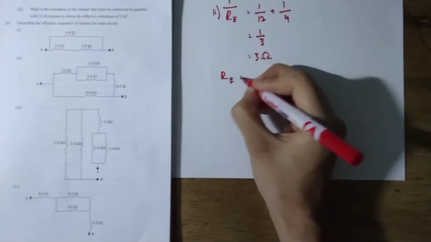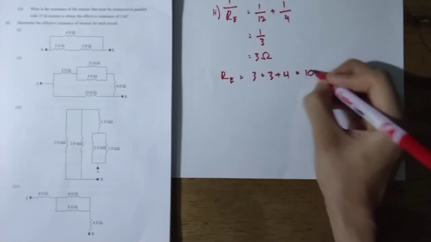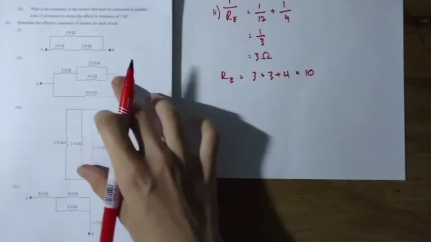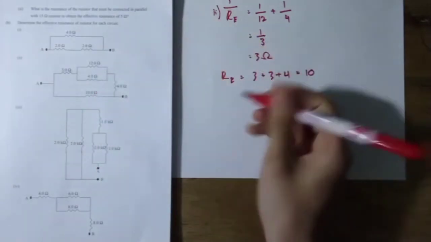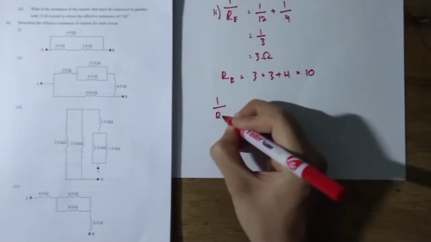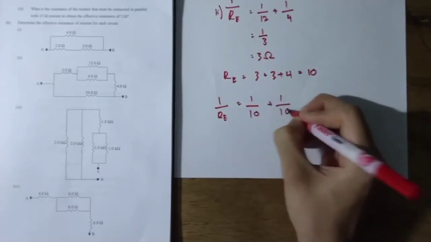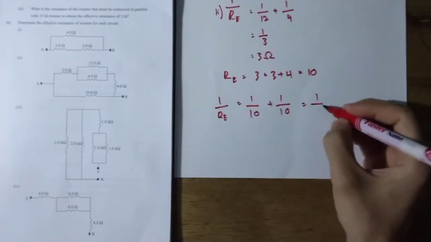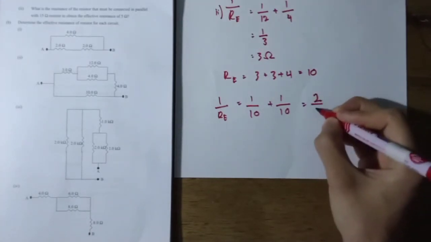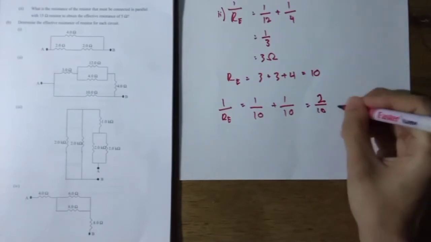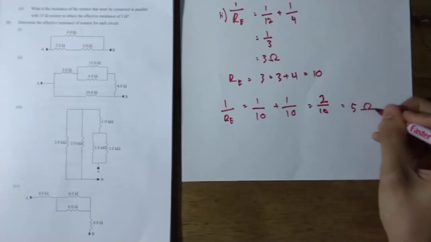R effective 3 plus 3 plus 4 equal to 10, and it turns out to be in parallel for these two values. 1 over R effective equal to 1 over 10 plus 1 over 10 equal to 2 over 10. So the value will turn out to be 5 ohm.